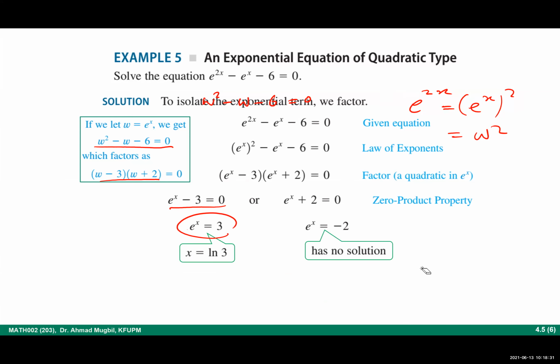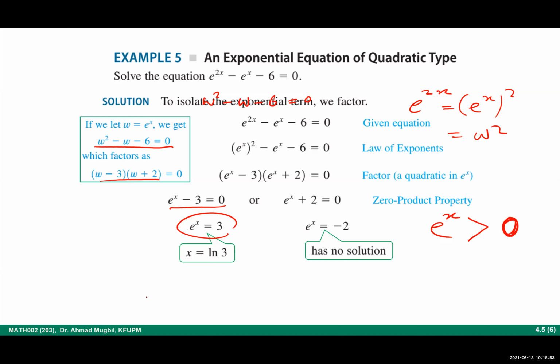Guys, do you remember that I said a to the power x is always positive. I'm running, guys, because I want to finish this example and the next one. We said always that the exponential function is always positive. You remember the range of the function is all the positive numbers. So also e to the power x is always greater than 0.